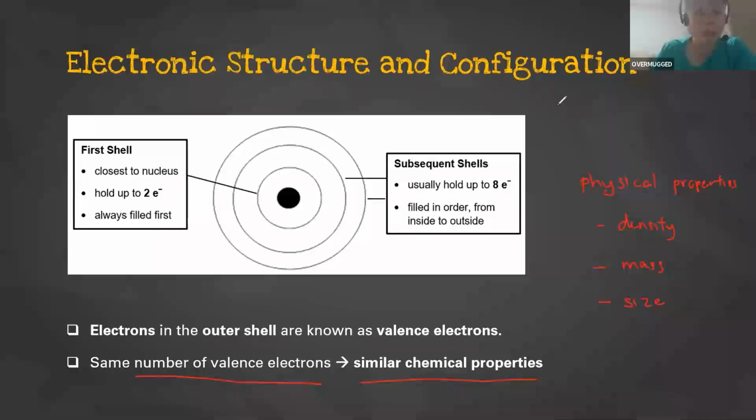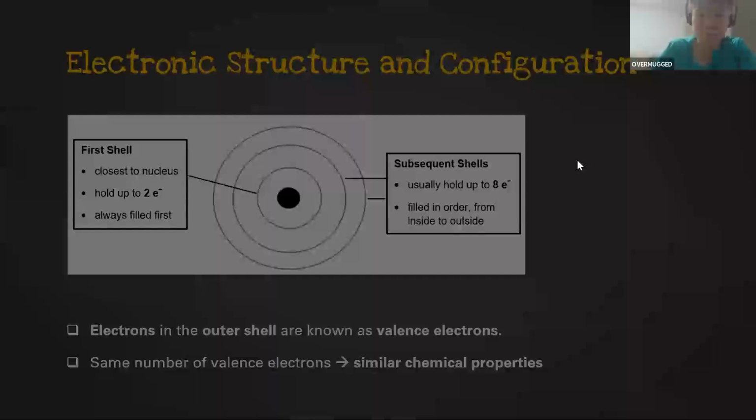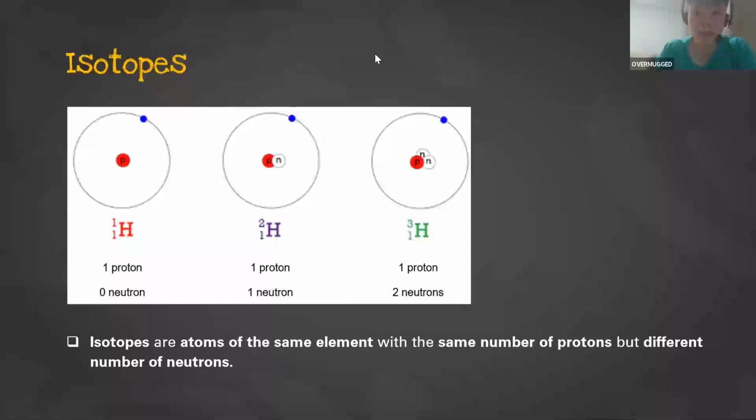Previously in the isotope slide, you can see that the mass number is different. Why is the mass number different? Because the number of neutrons is different. Remember, how do I get the mass number? I add the number of protons and neutrons, and then I get the mass number. So different mass means different physical properties already.